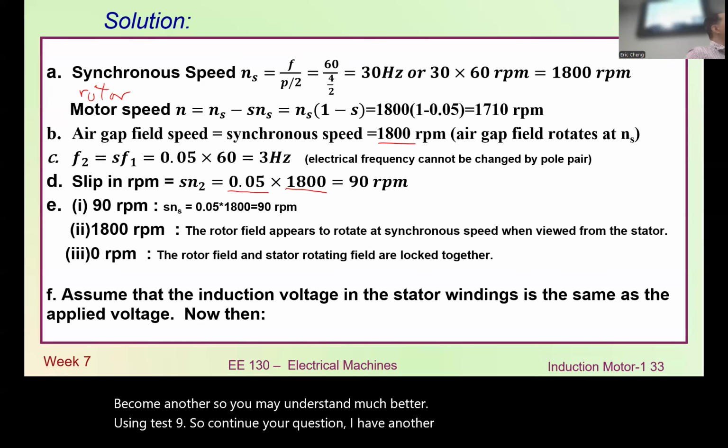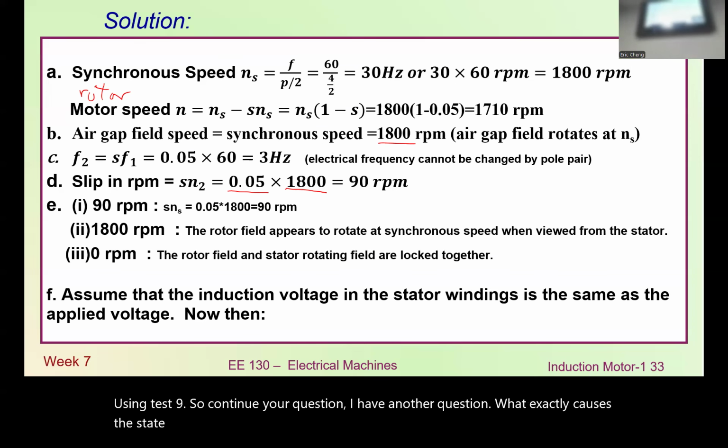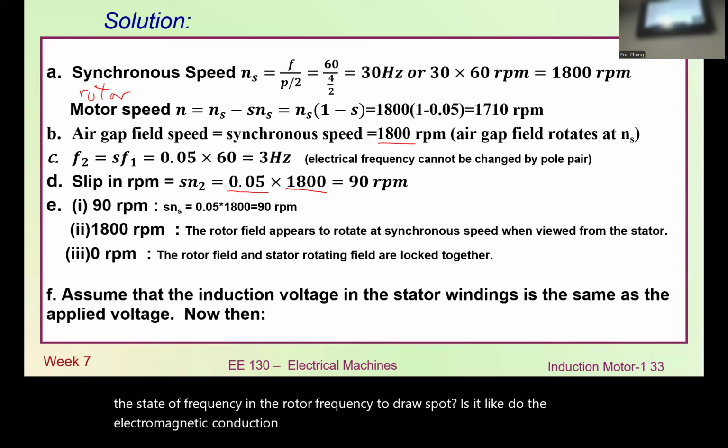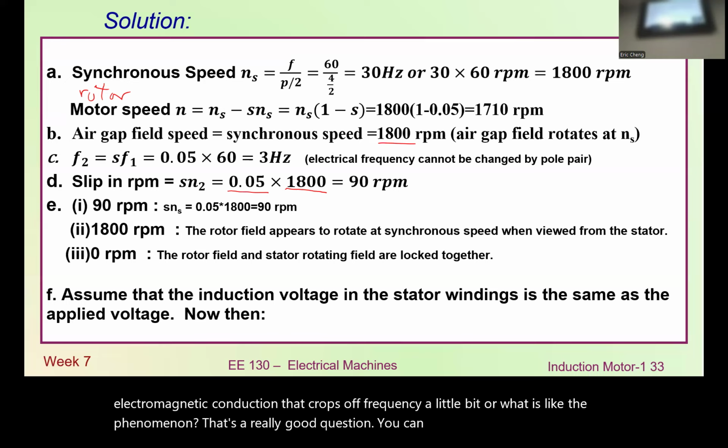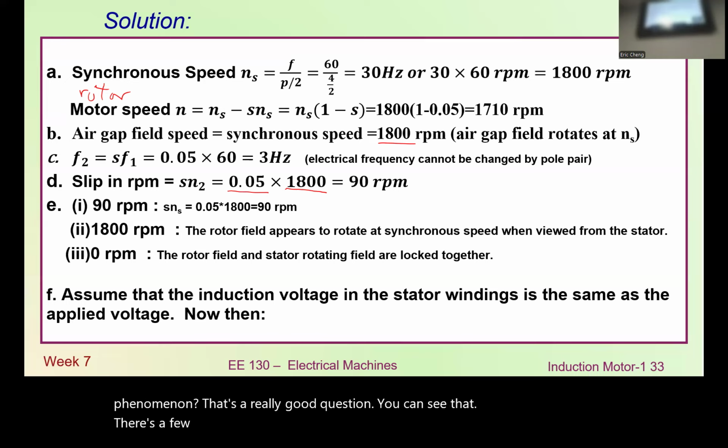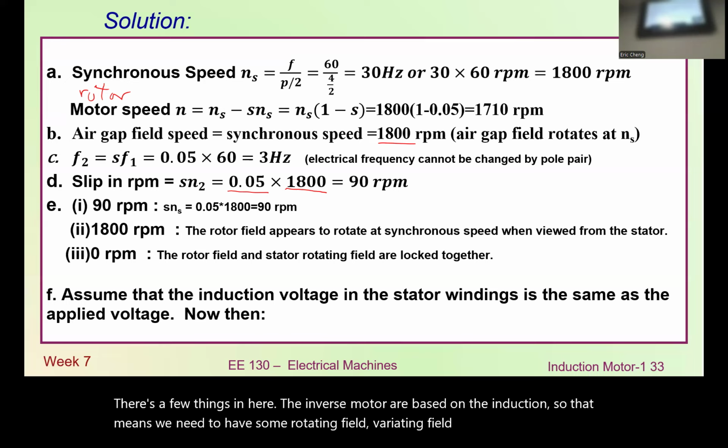What exactly causes the stator frequency and the rotor frequency to drop off? Is it due to electromagnetic induction that drops off the frequency a little bit, or what is the phenomenon of that? That's a really good question. There are a few things here. The induction motor is based on induction, so we need a rotating, varying field to induce the EMF in the rotor.